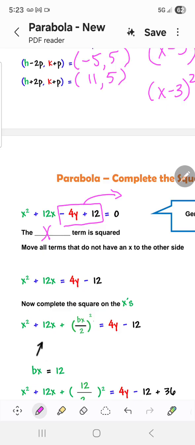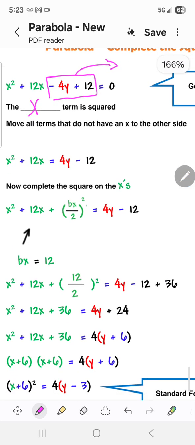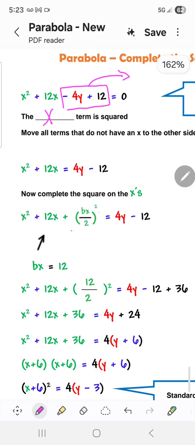It becomes negative. Now we have to complete the square on the x's, which means we have to figure this value out. B sub x means what is the value that is next to the x? The value next to the x here is 12. If I take 12 and I divide it by 2, I get 6. And if I take that value and I square it, I get 36.